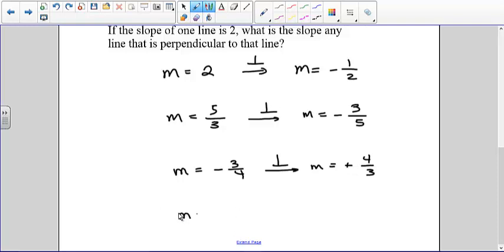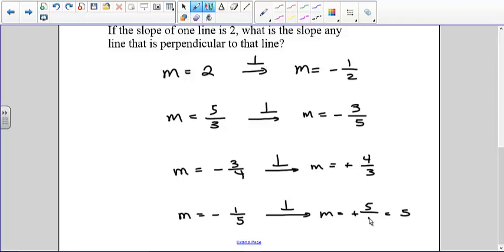Let's say the slope is equal to negative 1/5 of one line. Then the slope of lines that are perpendicular to that line are going to be equal to positive, and you flip the numerator and denominator, which is 5 over 1, which is 5. So in the case of a fraction where you have 1 in the numerator and a whole number in the denominator, you're going to end up with a whole number here.